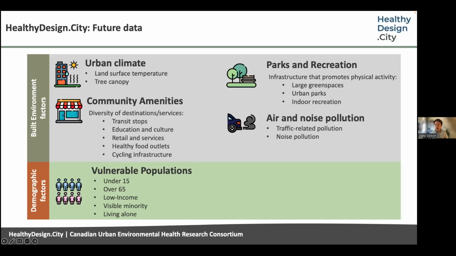But we will also allow users to map and visualize data on accessibility of community amenities, such as transit stops, educational and cultural facilities, retail locations, healthy food outlets, and cycling infrastructure. The Parks and Recreation theme will include data on accessibility of large green spaces, urban parks, and indoor recreation. And finally, our tools will allow users to visualize distribution of air and noise pollution across all Canadian cities.